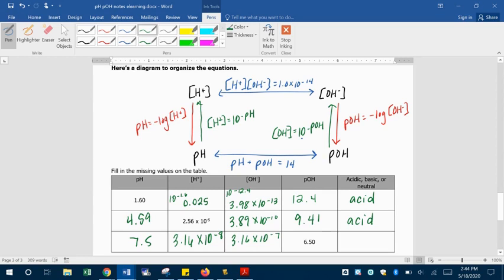Great. And this time, because my pH is greater than 7, this is going to be a base.